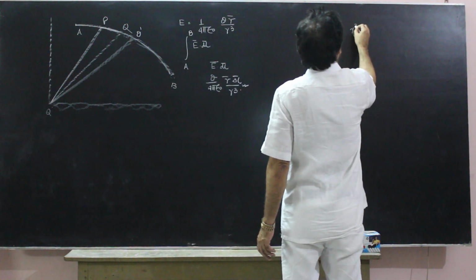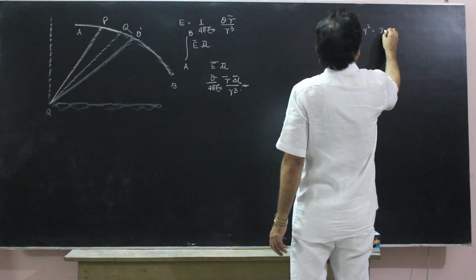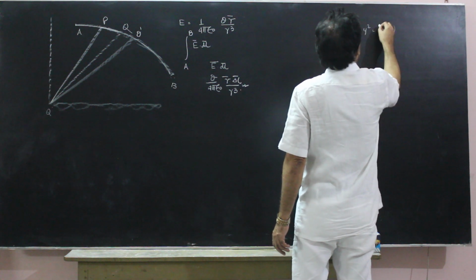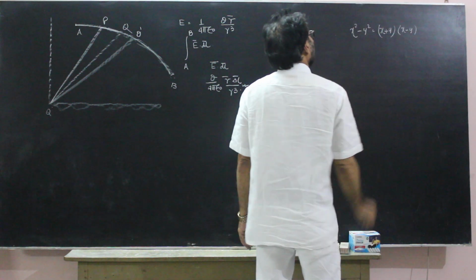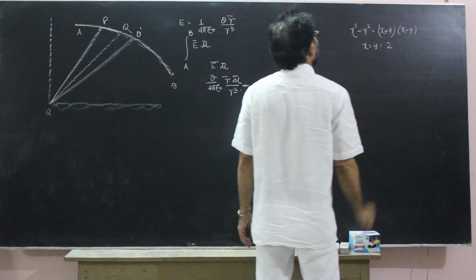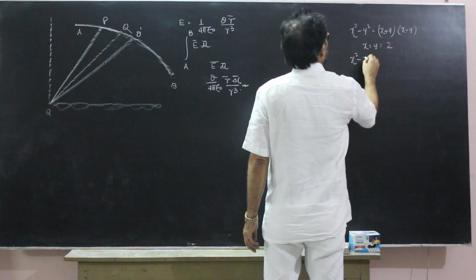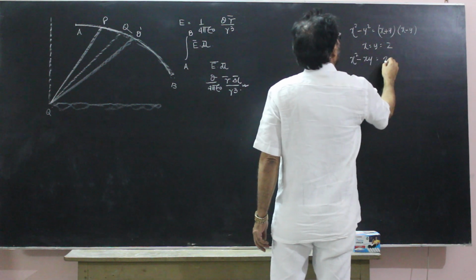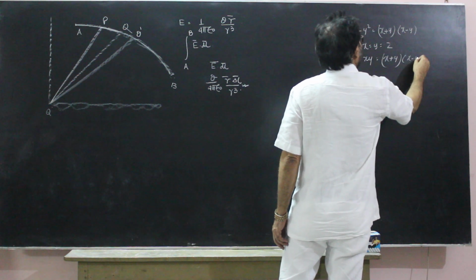This is x square minus y square is x plus y into x minus y. If x is equal to y is equal to 2, the left hand side is xy and this is x plus y, x minus y.